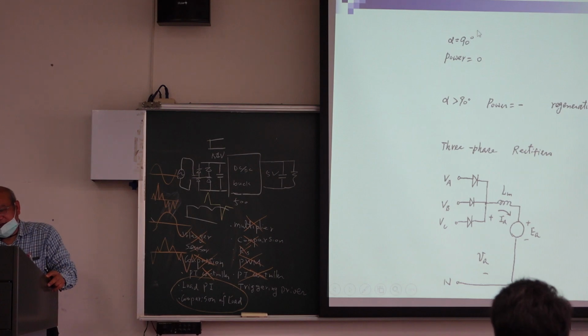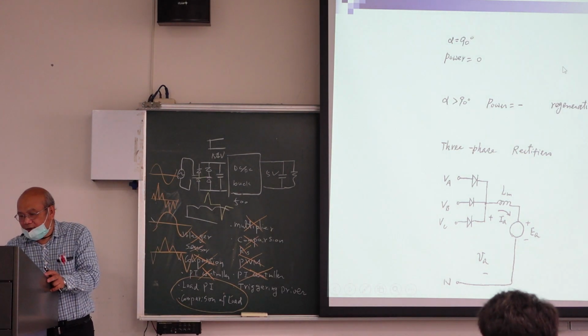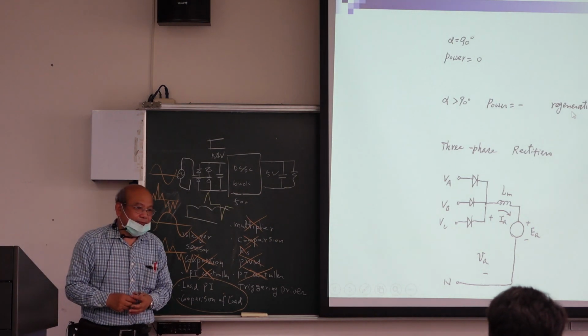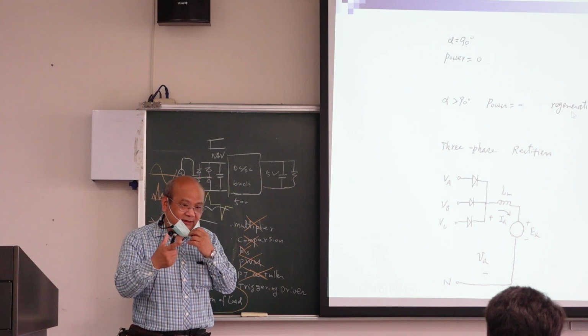However, if we adjust alpha to 90 degrees, the power is 0. If our delay angle is larger than 90 degrees, then the power is negative. So can you explain what is negative power?